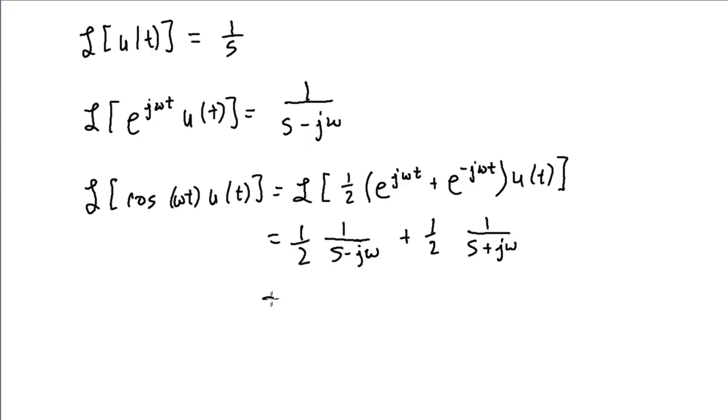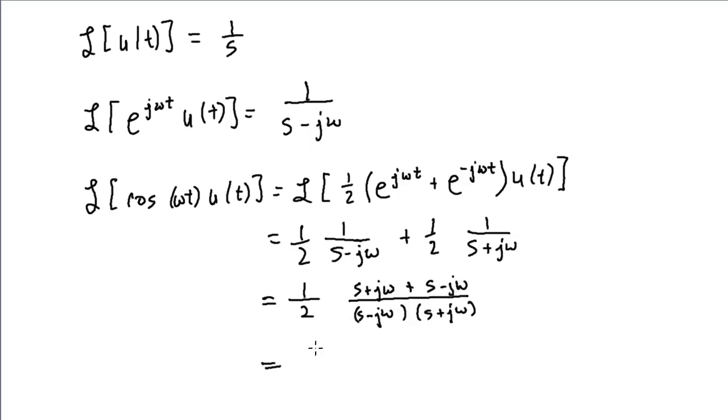I can actually simplify this result a little bit by putting the 2 terms over a common denominator. That common denominator would be s minus j omega times s plus j omega, and then here I would have the s plus j omega term in the numerator, plus the s minus j omega, and the j omegas in the numerator cancel. I'll have a 2s.